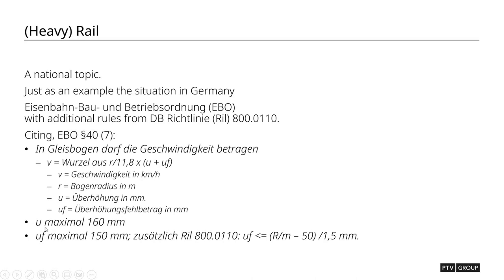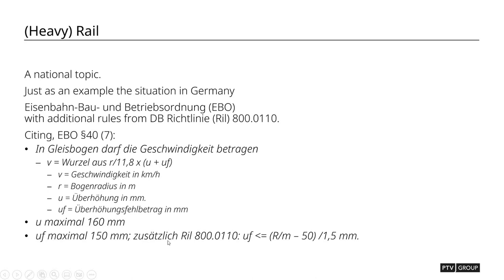And the two values are that the real super elevation has a maximum of 160 millimeters, and the UF, so what the passengers in the end feel, has a maximum of 150 millimeters.